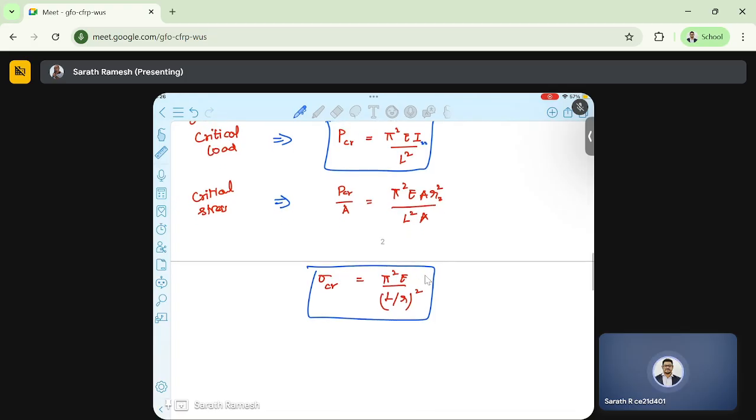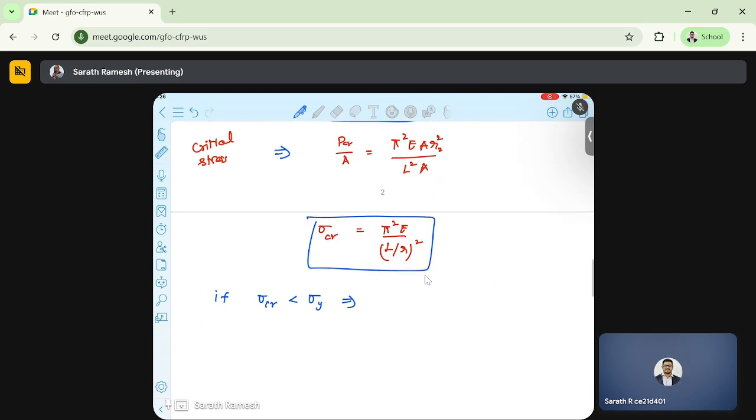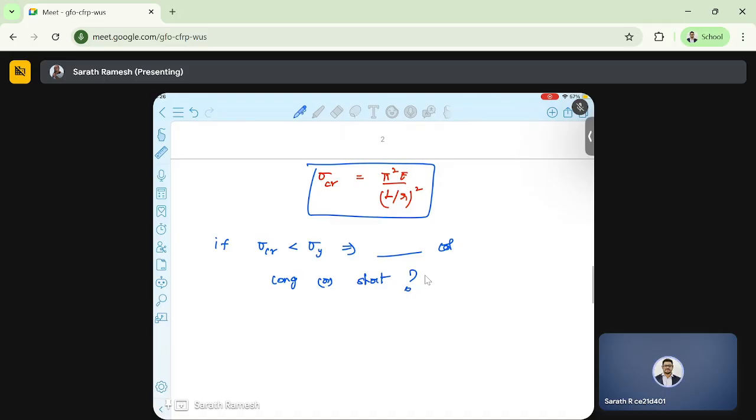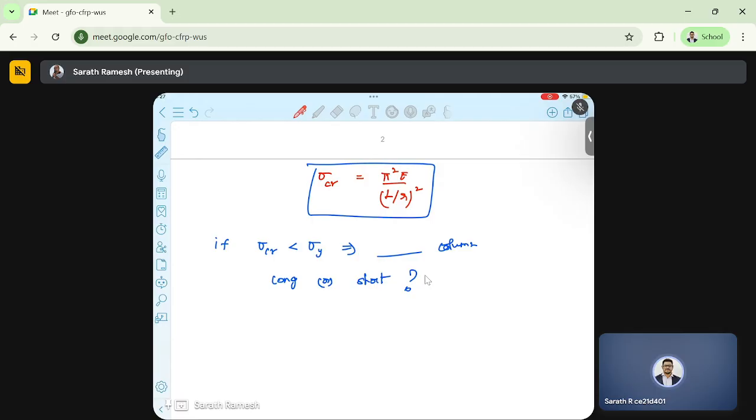Right, now maybe I can ask a question. Suppose if my sigma cr is less than sigma y, what type of column is it? Is it a long column or is it a short column? Okay, think. What do we mean by long column and short column? In a column, there are two possible modes of failure.